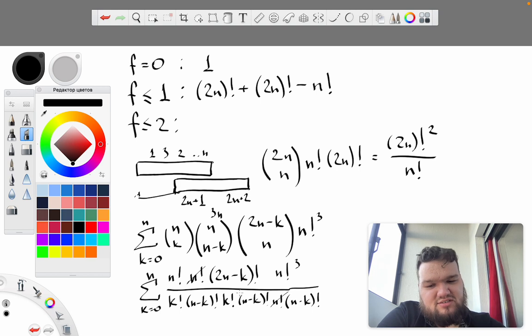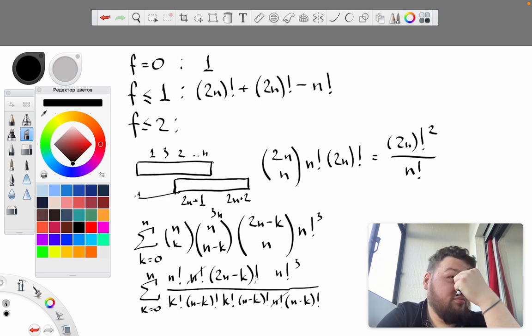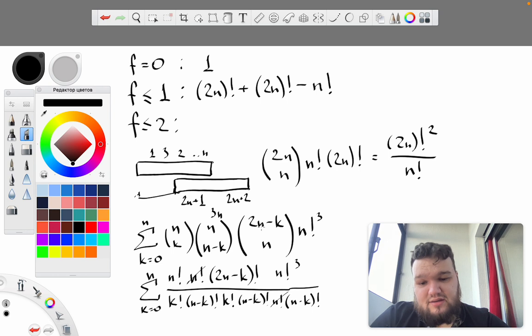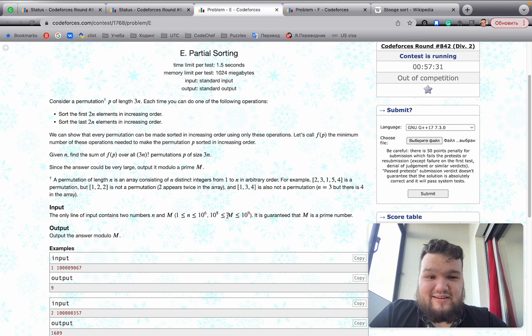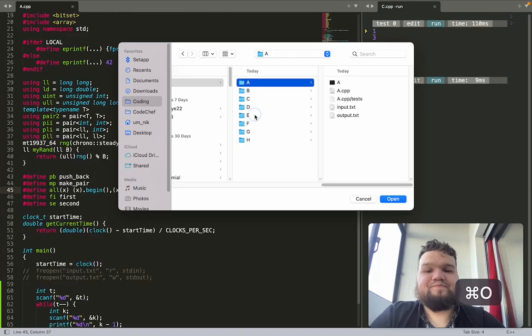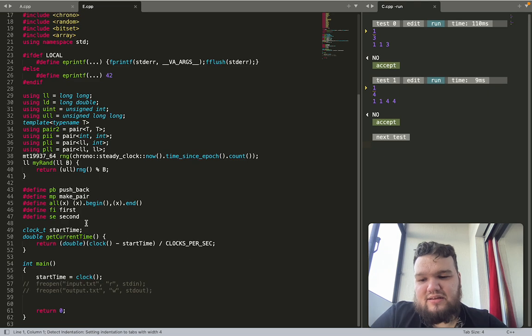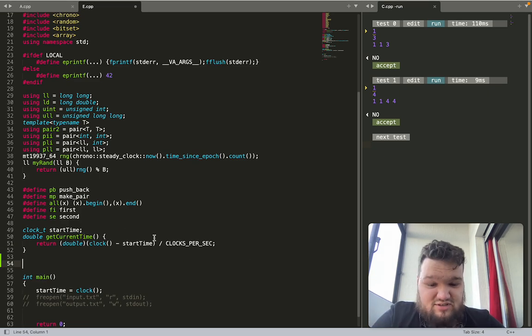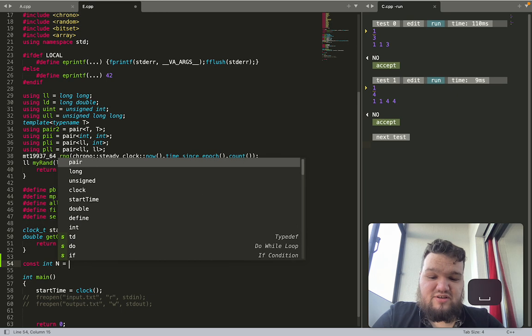I don't like this binomial on top. Okay, let's just get accepted, be boring. Oh, I can't use my min because the modulus is not fixed.